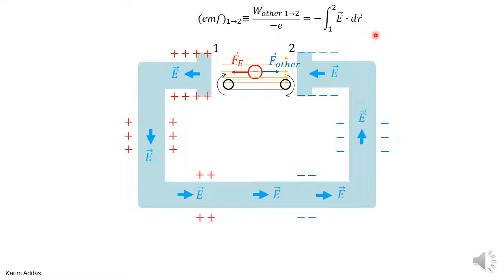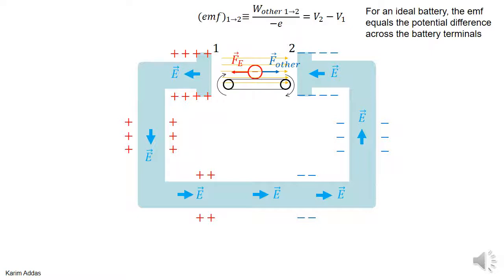You get that the EMF to go from 1 to 2 is minus the integration from 1 to 2 of E dot dr. E is the electric field due to the static charges that are on the conductors. Now this should look familiar. Integration of E dot dr should remind you of the potential difference between 2 points. Specifically, it's V2 minus V1.